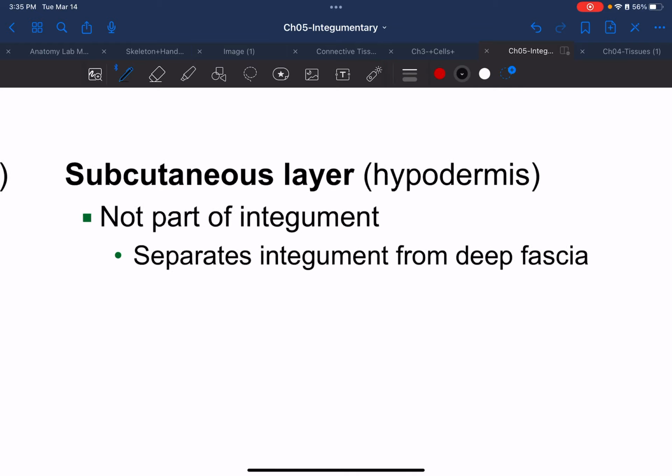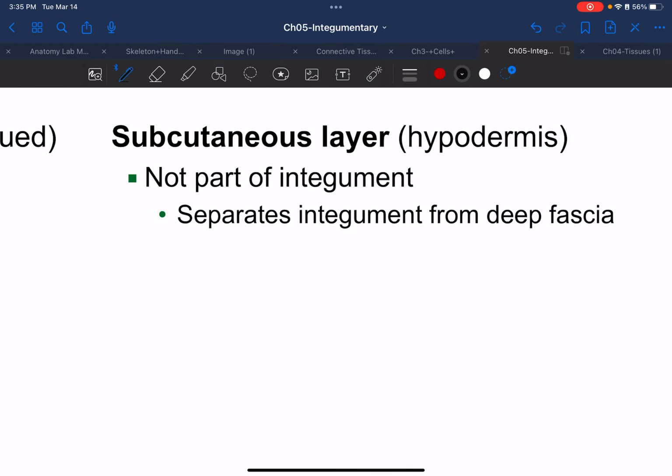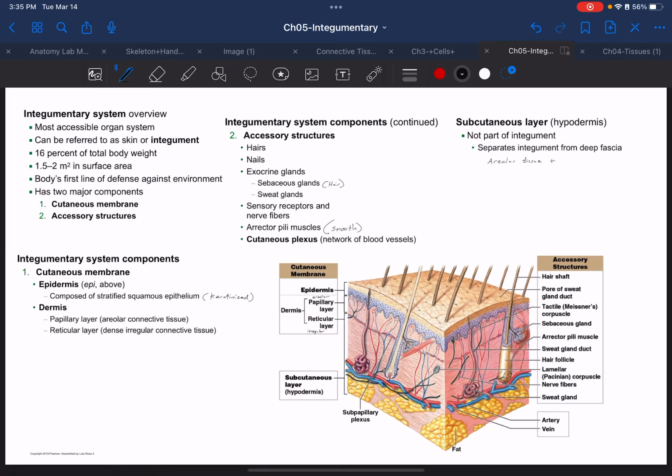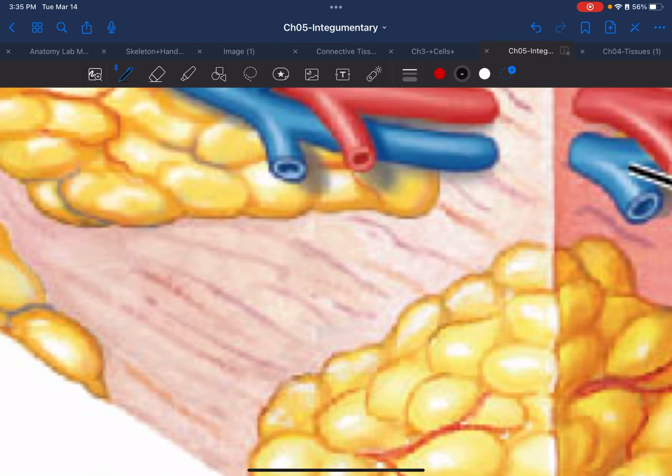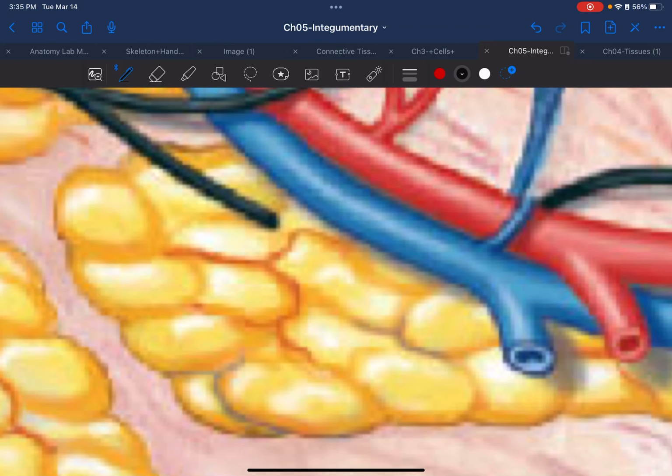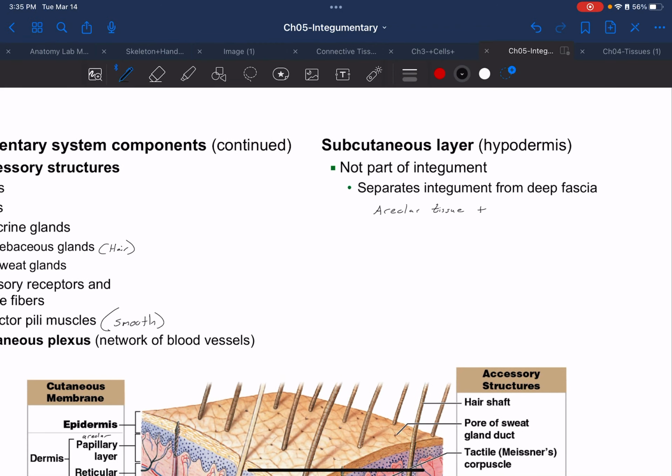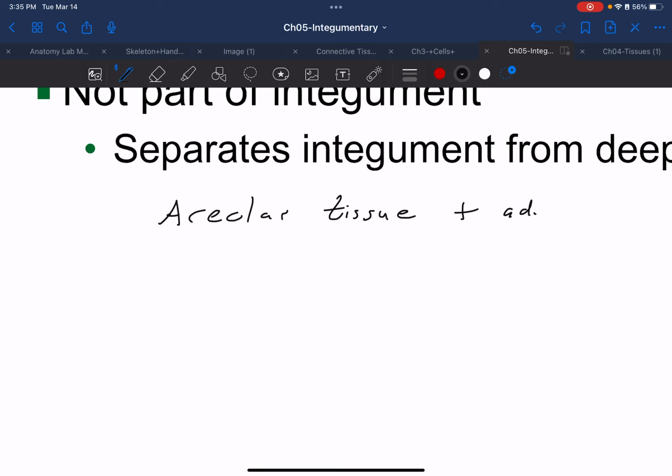It actually possesses two types of tissues that you also are aware of. And so it has areolar tissue, and one more that you should be able to recognize just off of pictures. What are those little yellow globs there? Adipose. So it has a combination of areolar and adipose tissue.